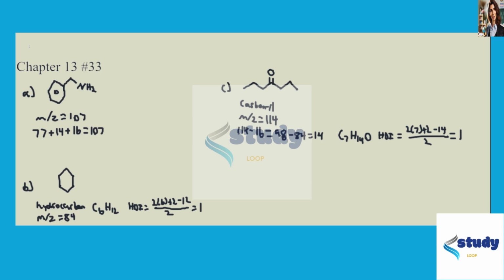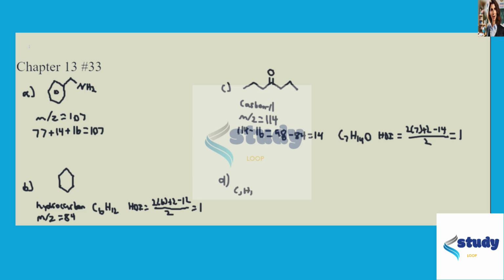Okay, and then so lastly, D. So for D, we're told to make a compound that contains carbon, hydrogen, nitrogen, and oxygen and has an exact mass for the molecular ion at 101.0841. Okay, so let's write our information as I have before.